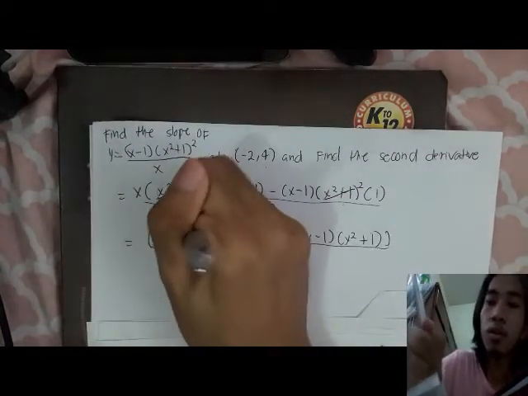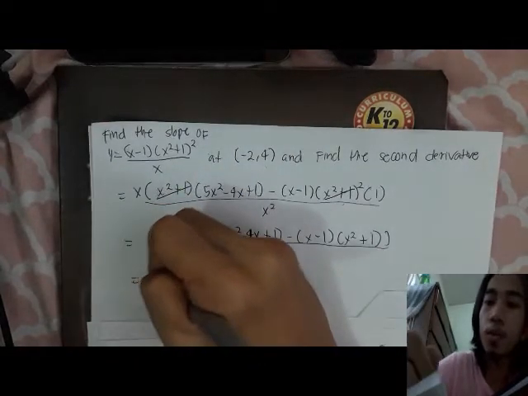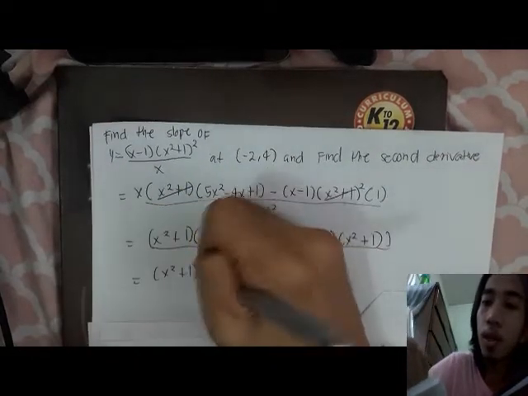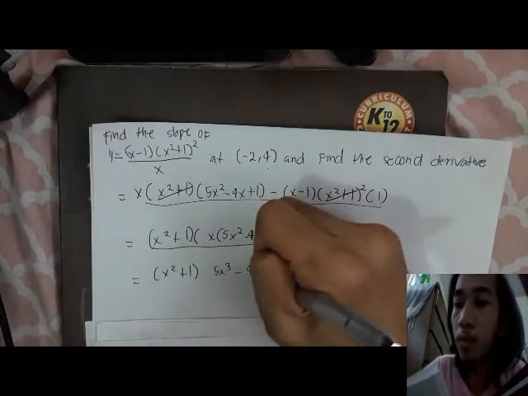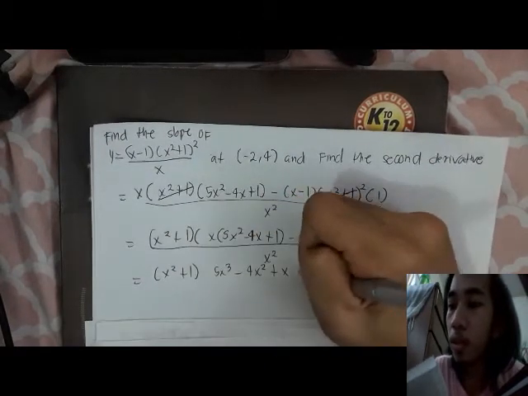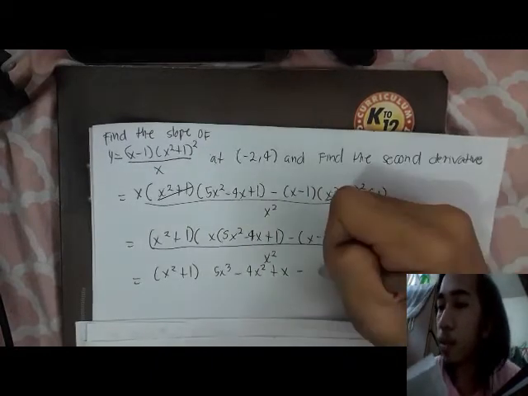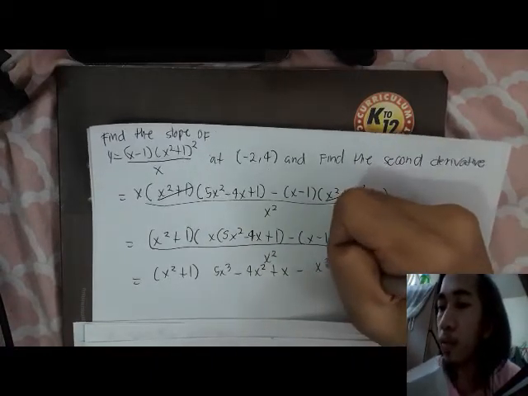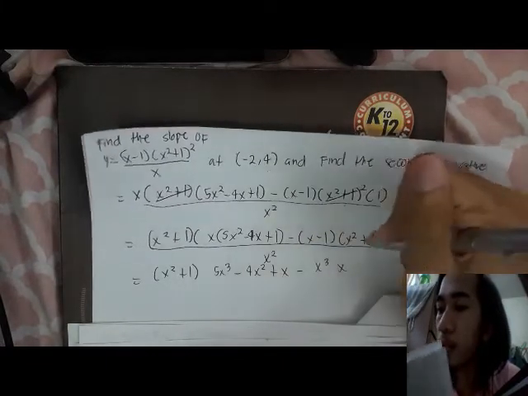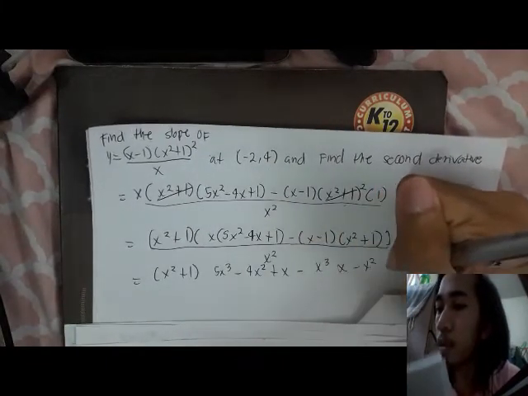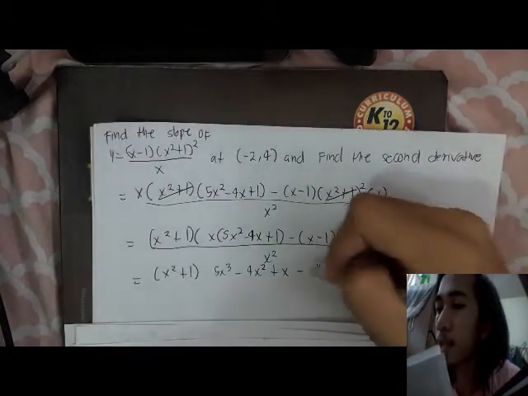So, x squared plus 1 times 5x cubed minus 4x squared plus x minus x cubed plus x squared minus x minus 1.